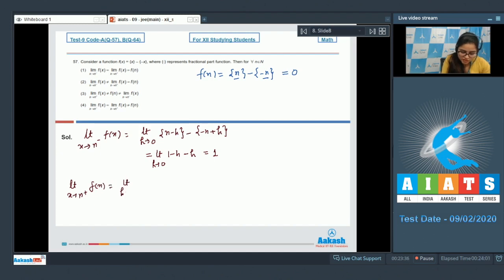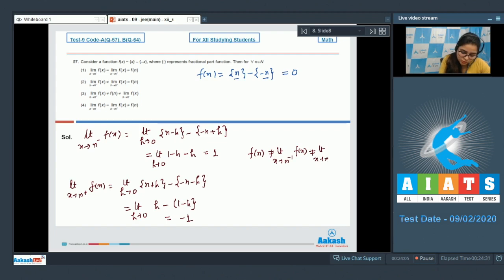So this is limit h tending to 0 of f of n plus h. So just replace: fractional part of n plus h minus the fractional part of minus n minus h. So this will give you simply h minus, and this will give you 1 minus h, limit h tending to 0. So you are getting minus 1. So see, f of n is not equal to the limit x tending to n minus of f of x, which is not equal to the limit x tending to n plus of f of x. So option number 3 is your correct choice.